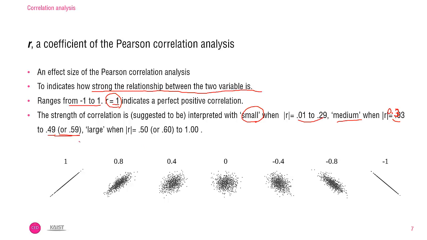In social science, my recommendation is to include 0.6 as medium size. And when the absolute value is bigger than 0.6, then we can usually conclude that the strength of a correlation is large.